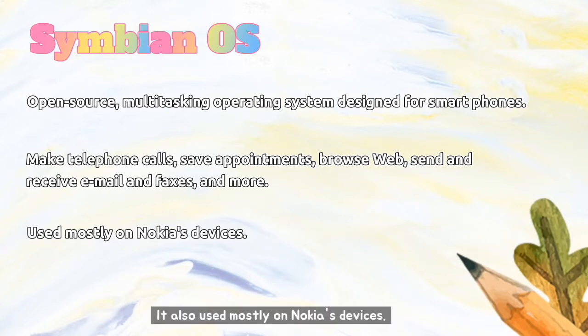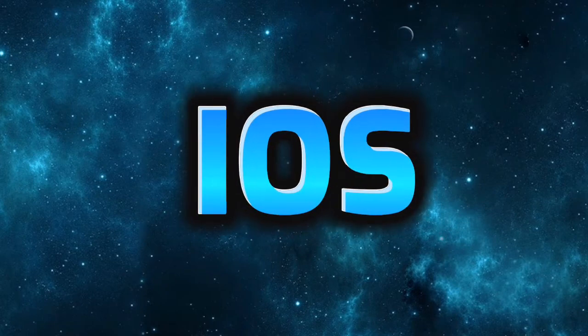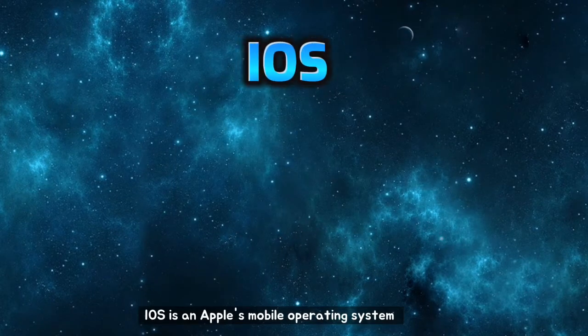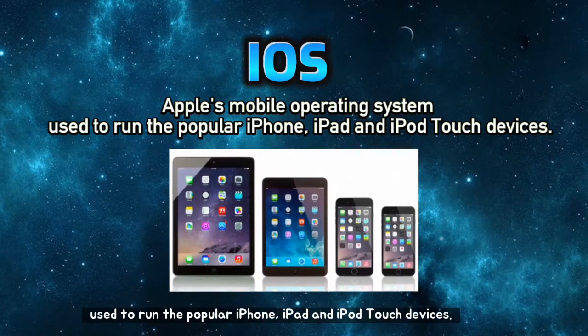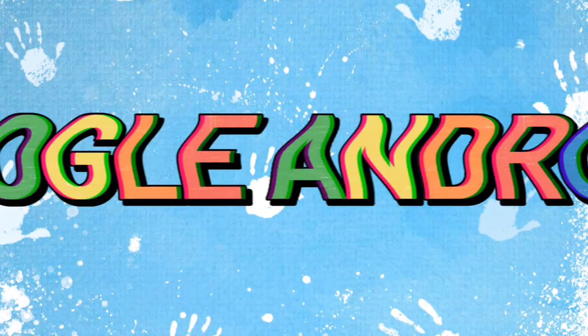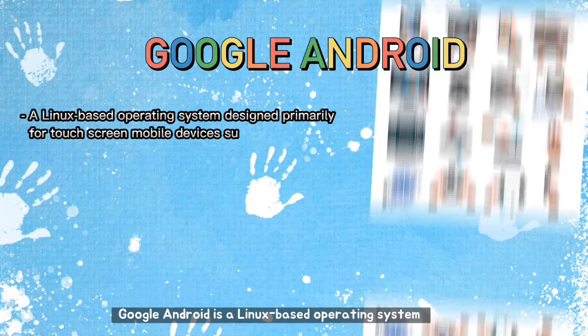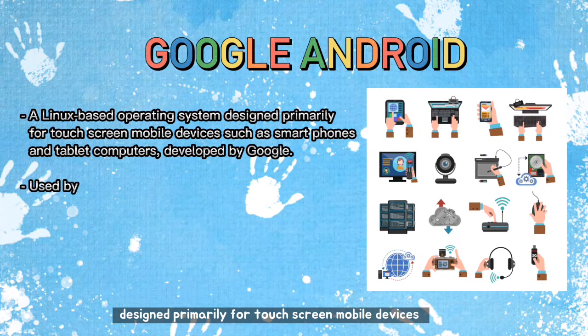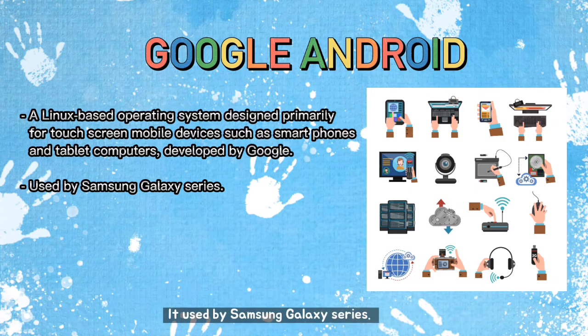It is also used mostly on Nokia's devices. iOS. iOS is Apple's mobile operating system used to run the popular iPhone, iPad, and iPod Touch devices. Google Android. Google Android is a Linux-based operating system designed primarily for touchscreen mobile devices, such as smartphones and tablet computers, developed by Google. It is used by Samsung Galaxy series.